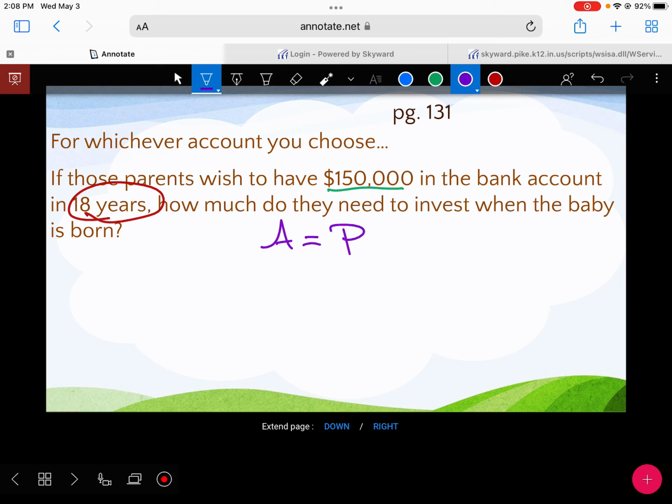A equals P times 1 plus or minus R to the T power. Do we know what my A value is? What is it? A, we'll get to that in a minute, but either way, A would be the same, which is what? You were right.